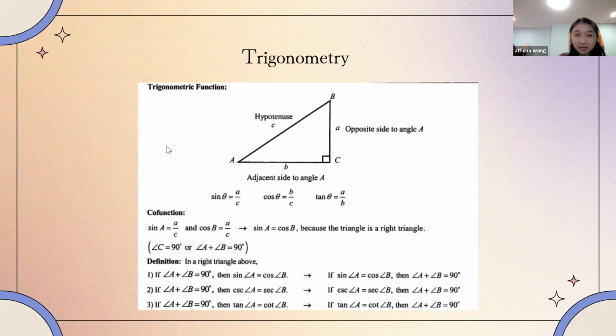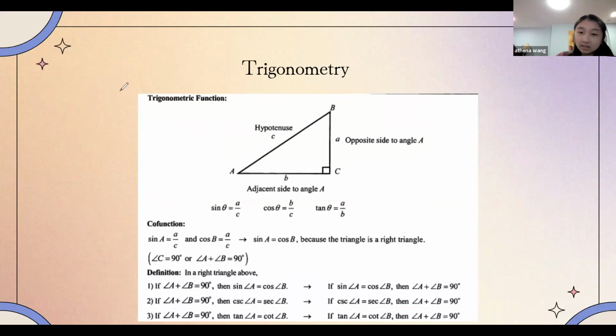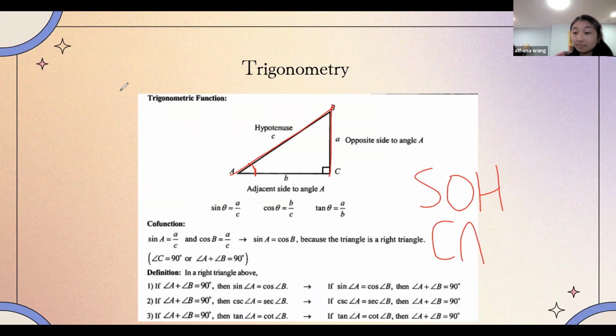So remember SOHCAHTOA. Sine is equal to the opposite over the hypotenuse. So sine of A is this opposite side over the hypotenuse. And then cosine of A is the adjacent over the hypotenuse.